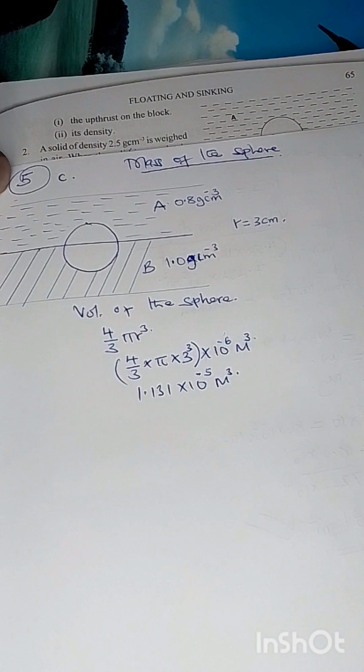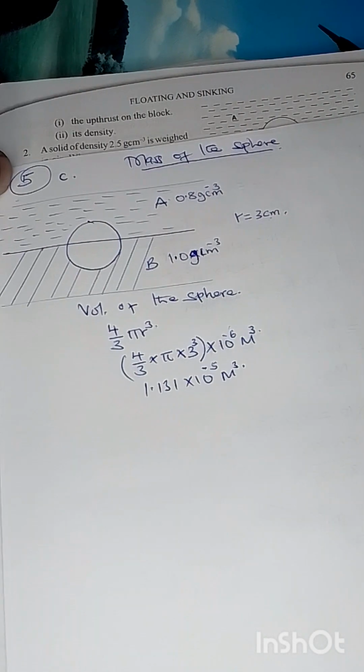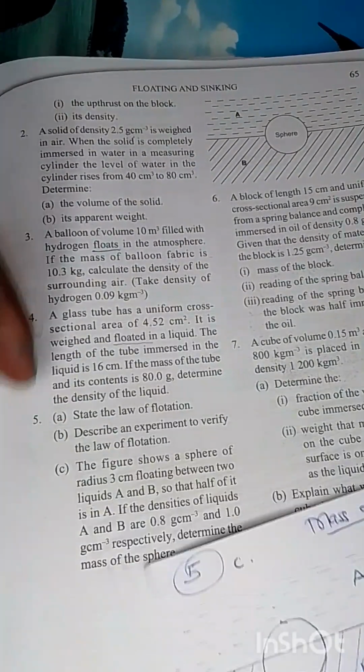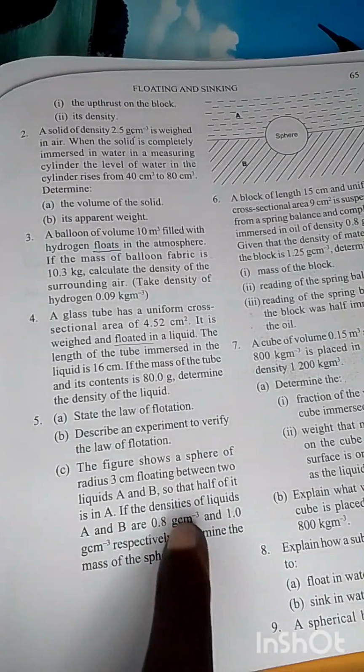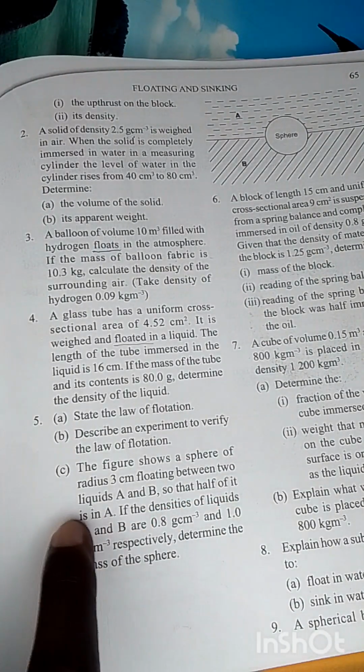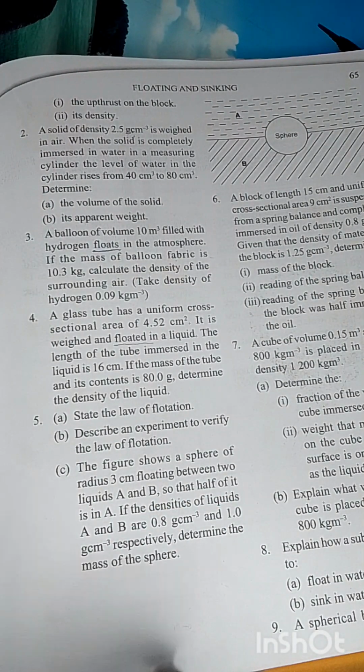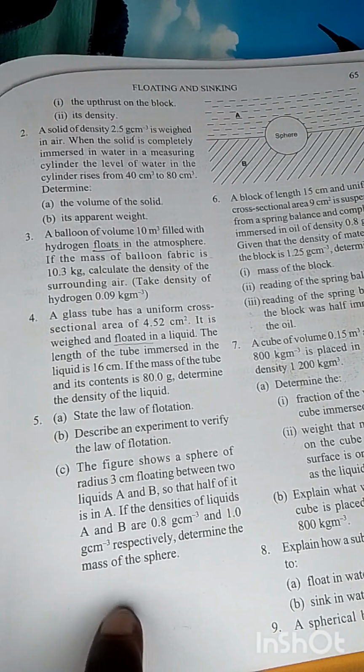We were told that half of it is in A, meaning half of this sphere is in A and the remaining half is in B.